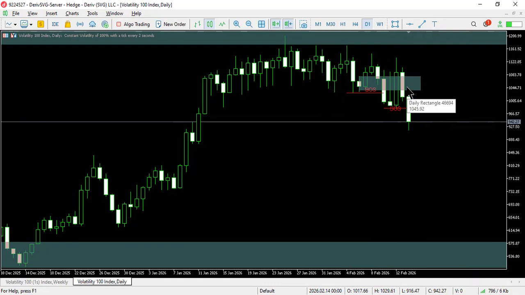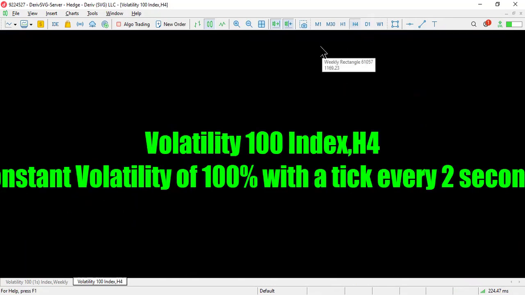And then our order block, we are going to get a clear price action from the 4 hours time frame. The chart is just taking a bit longer to load, probably because of the network.